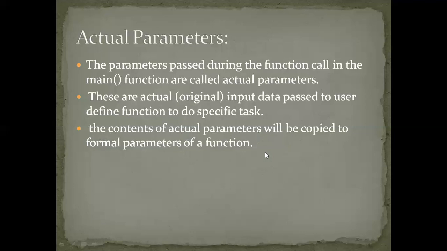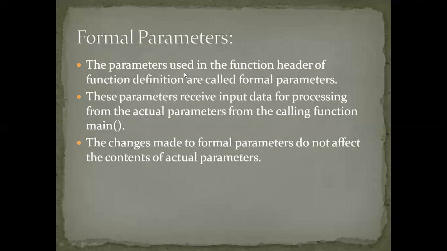We'll see one example. You'll get an idea how we copy the actual parameter into the formal parameter. Now we can see formal parameters also. What do you mean by formal parameters? The parameters used in the function header of a function definition or function prototype are called formal parameters. The parameters which we use within the main function are actual parameters. The parameters which we use in the function definition are called formal parameters.